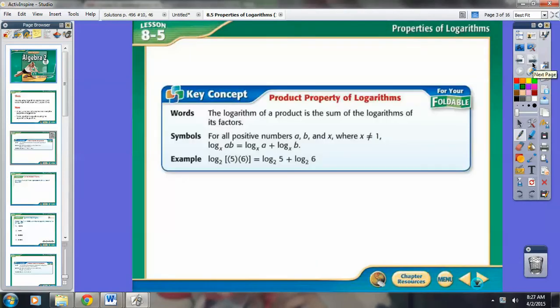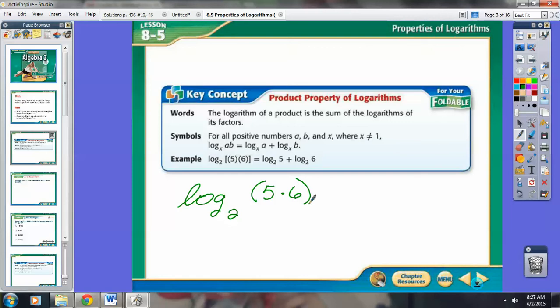All right. There's a couple of properties that you guys need to be okay with. And this logarithm, first of all, 5 times 6, we call that our argument. In our argument, we're multiplying two things.